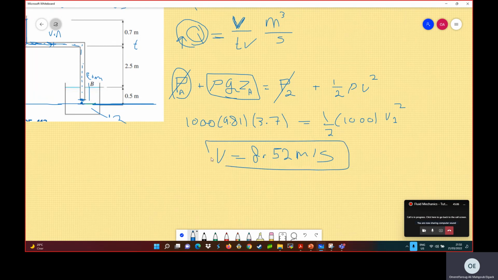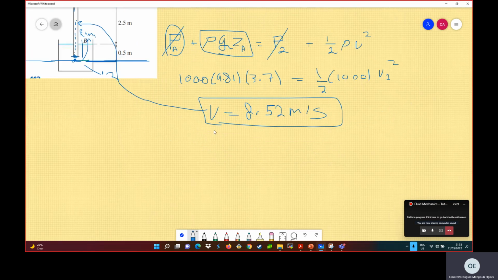This is the corresponding velocity, which is also the velocity in the pipe, because we assume this point has the same velocity as that point. The only difference is that this point is exposed to the atmospheric pressure, while this point has a certain pressure inside the pipe. So we can say that this velocity is the velocity inside the pipe.